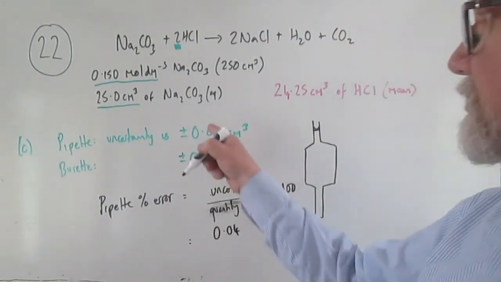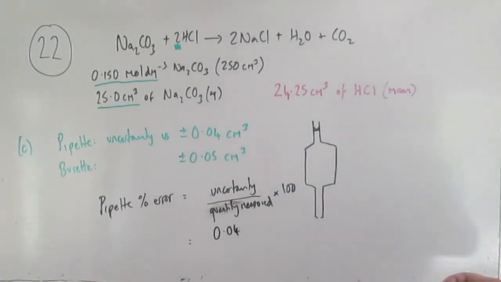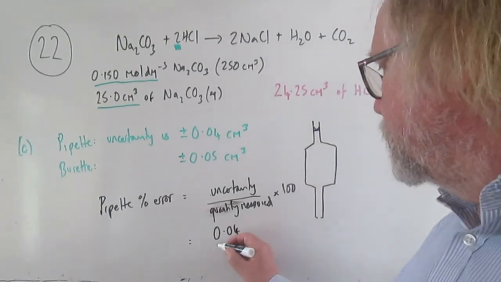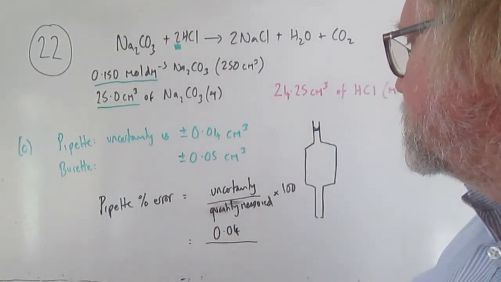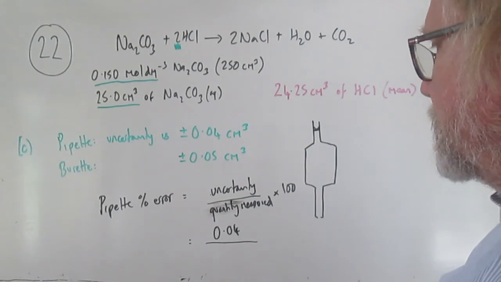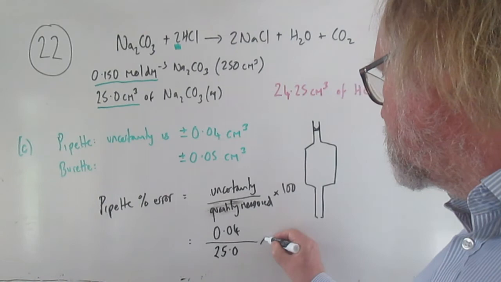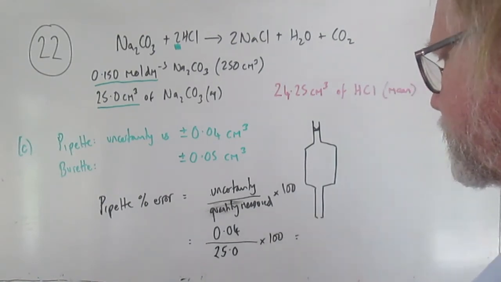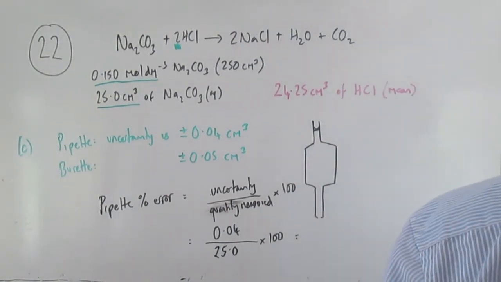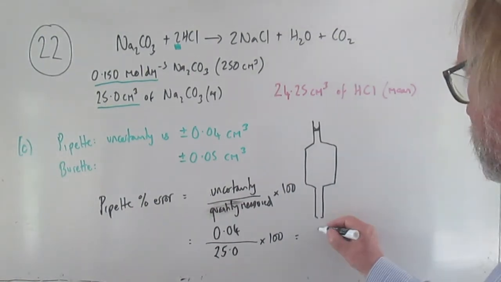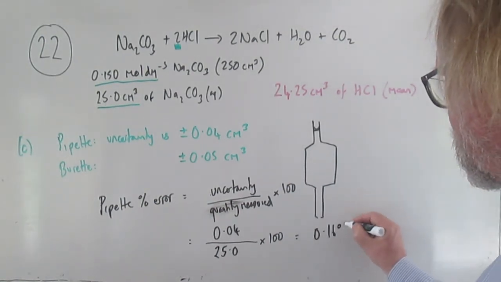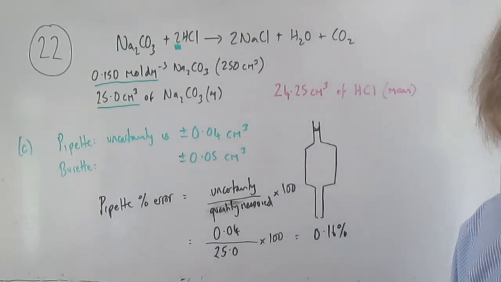Don't worry about the plus or minus, because that means that the furthest away you can be is 0.04. So that's what the uncertainty is. It's just emphasizing that it could be either below or above, but 0.04 is the uncertainty, divided by the quantity measured, which is 25.0 cm cubed, times 100. And if you work that out, that comes to 0.16% on the pipette.